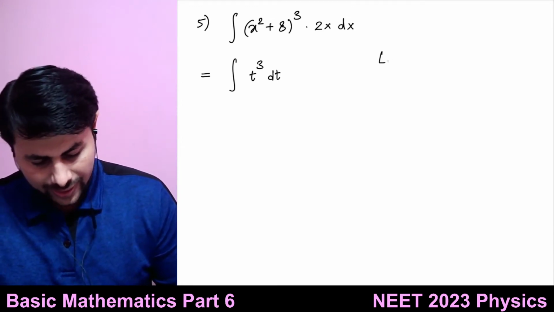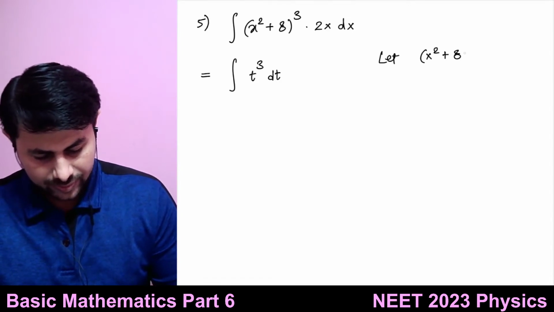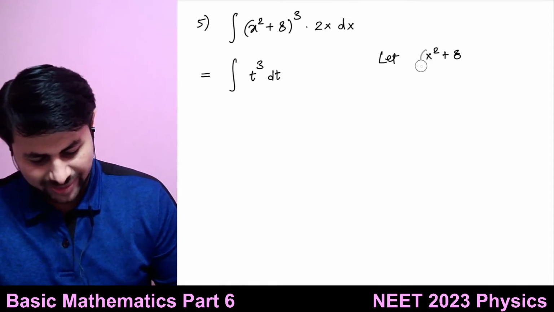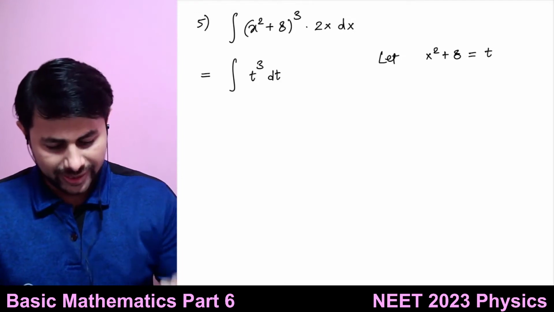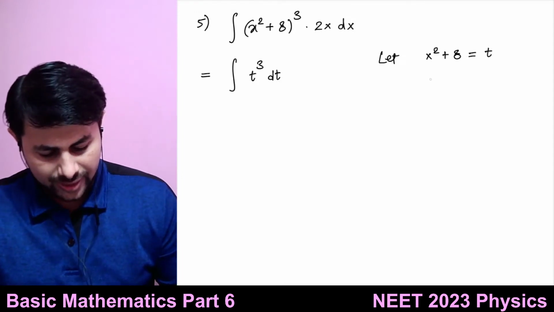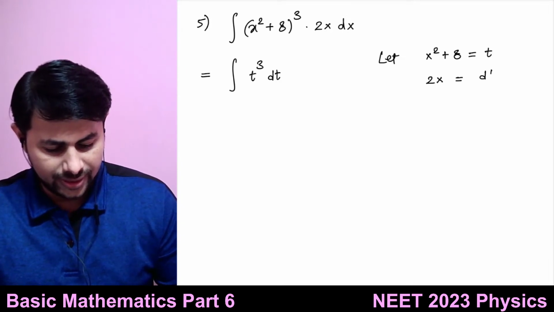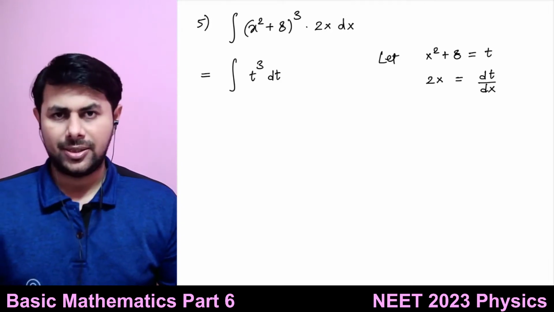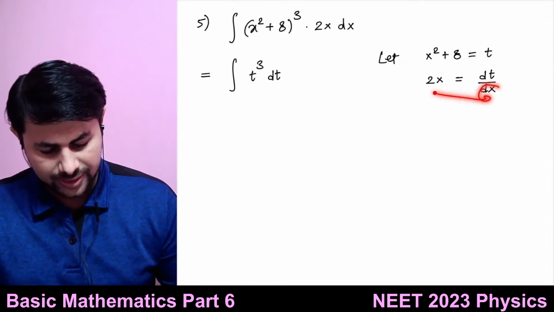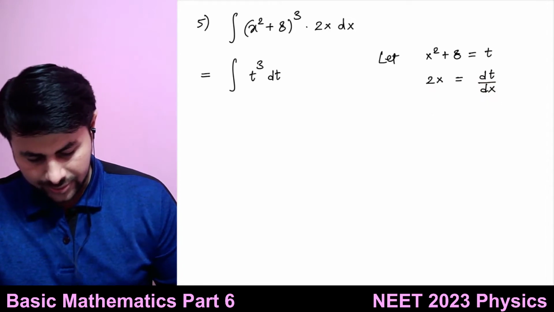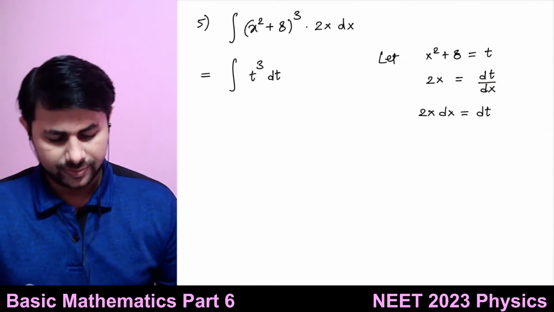I'm saying let x raised to 2 plus 8 be equal to t. If I take its derivative, on this side I will get 2x, and on the other side I will get dt by dx. If I write it in differential form, I can take this dx to the left-hand side. So 2x dx will become dt.